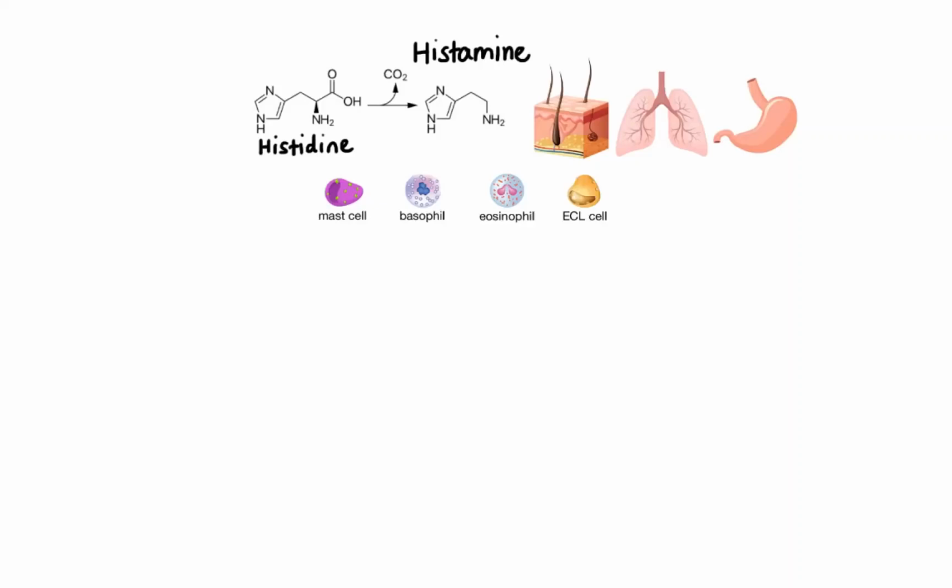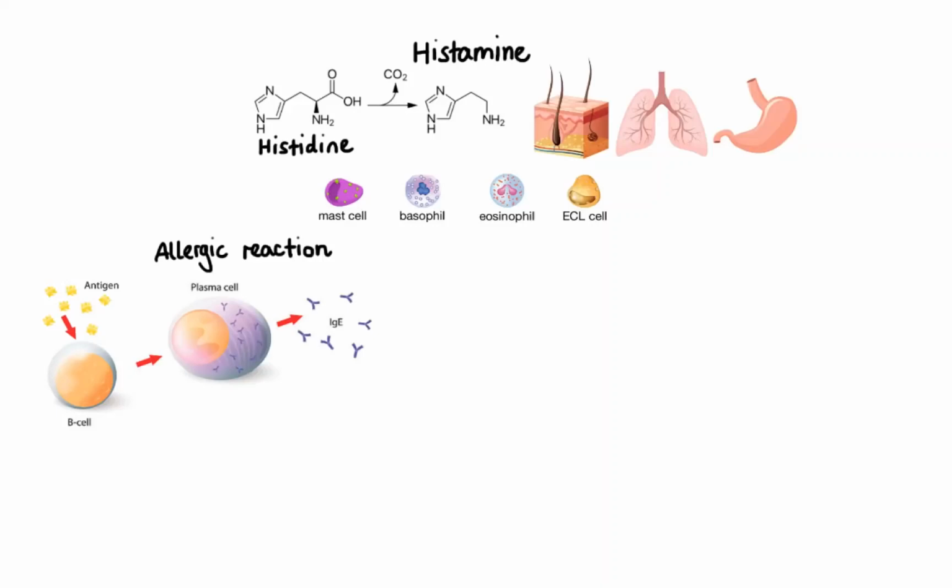Now, there are three major conditions that trigger the release of histamine. First, allergic reaction. So when an allergy-prone individual for the first time comes into contact with allergen, such as ragweed pollen, their B cells will become activated and will form plasma cells that produce large amounts of ragweed immunoglobulin E antibodies.